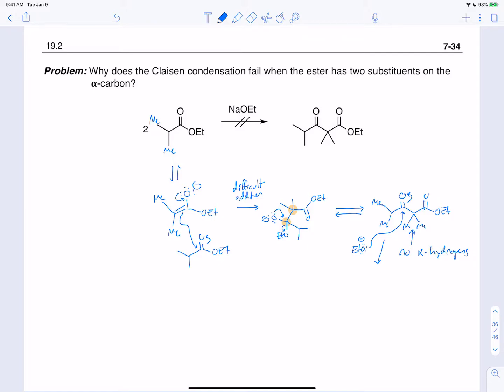And this will, again, be able to go backwards to the intermediate components. So this is an example where all of these intermediates are in equilibrium, and because the attack is slow and the reverse process is possible, it never can actually generate the product efficiently.